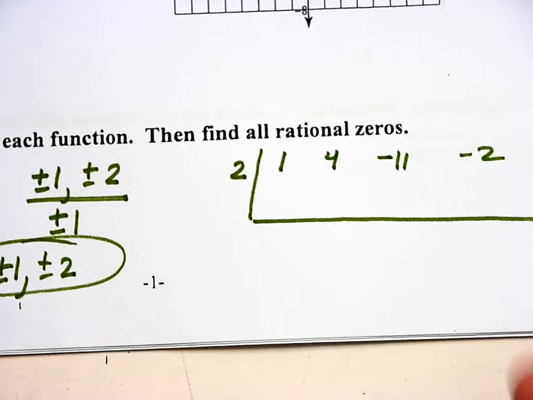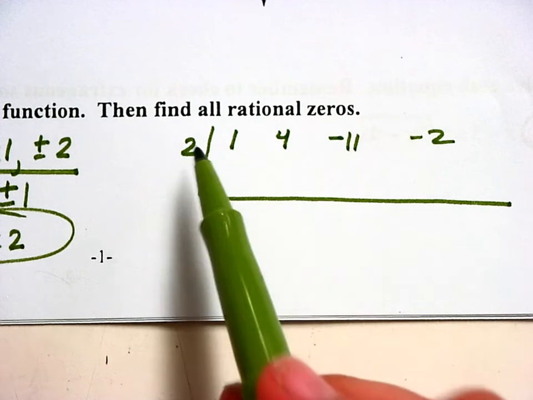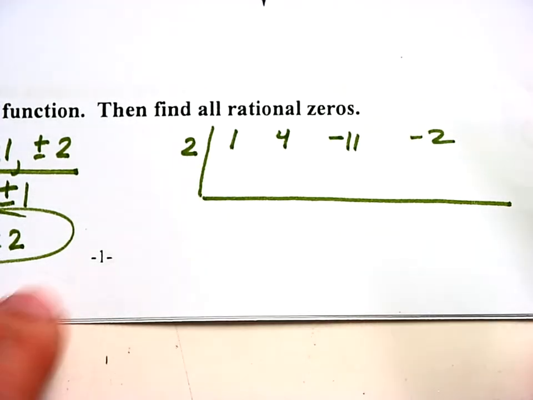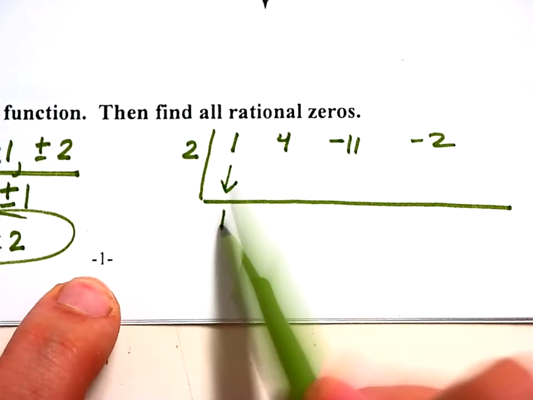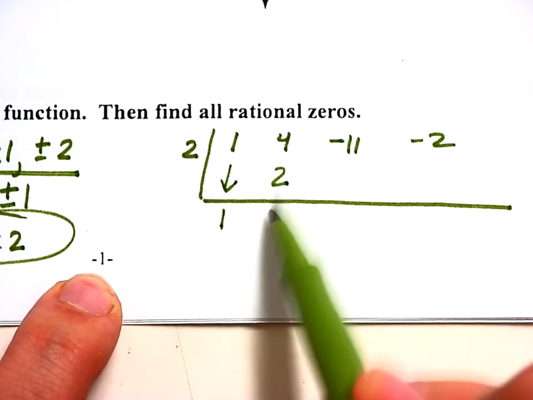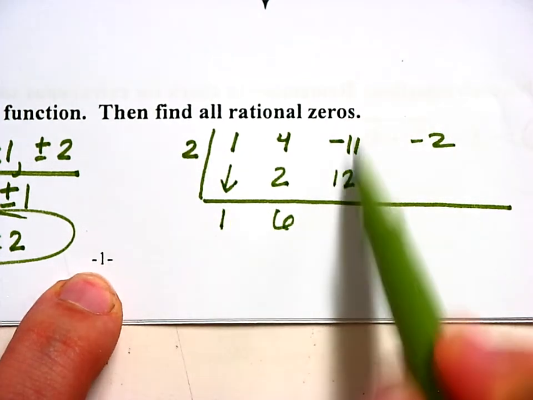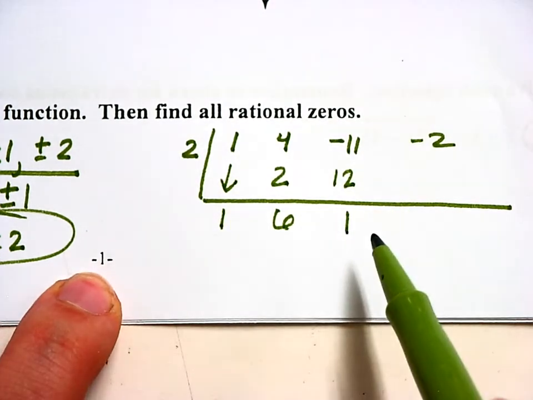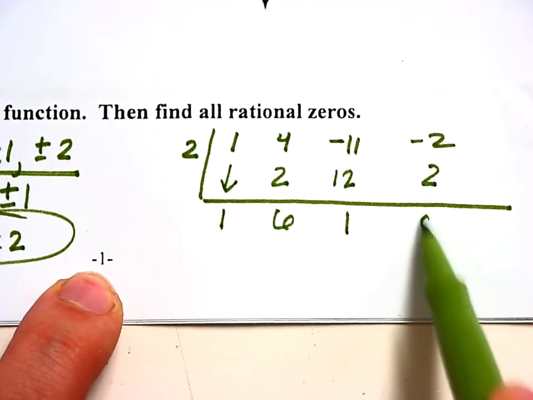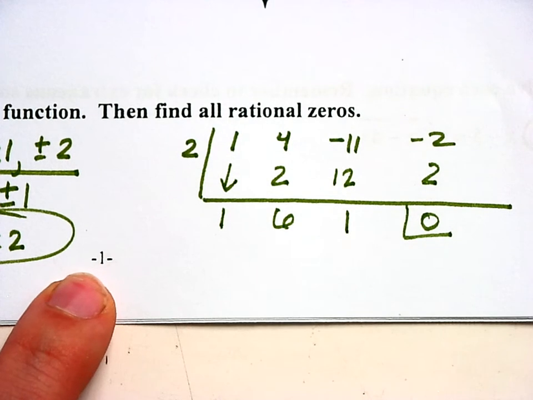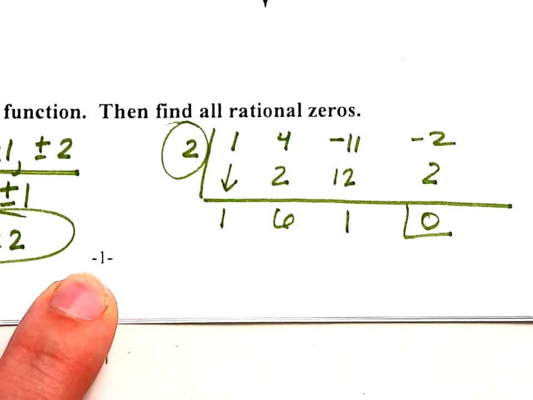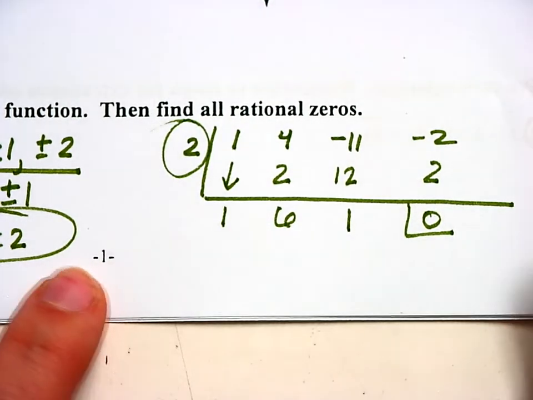And we're going to make sure that we get a remainder of 0 to see that this is in fact a rational zero. Okay, so bring down the 1, multiply, and add. Multiply and add, multiply and add. And we do in fact get a remainder of 0. So 2 was definitely a rational zero. And that ends up being the only one.